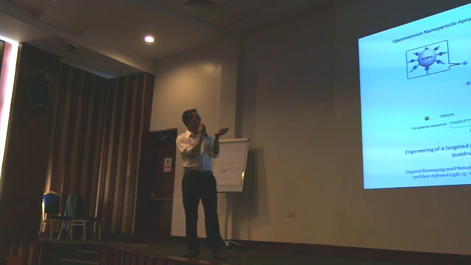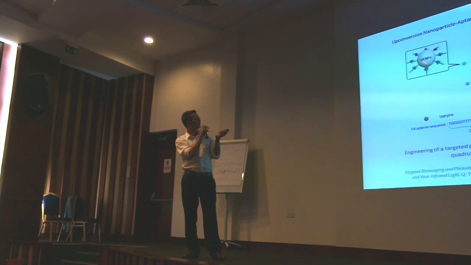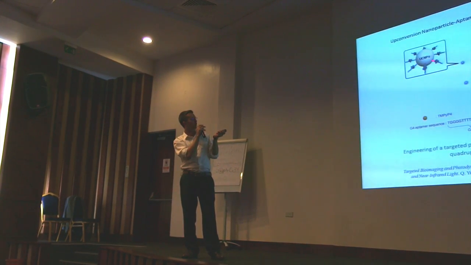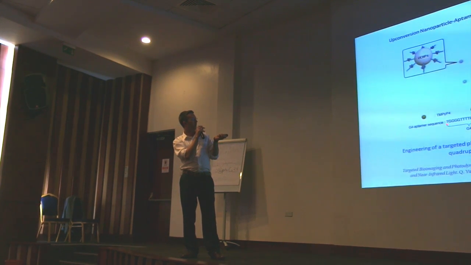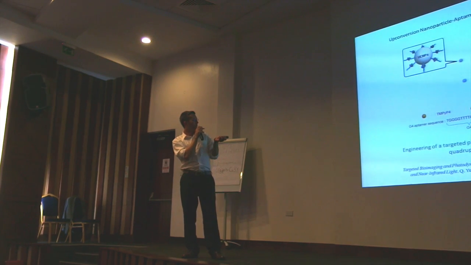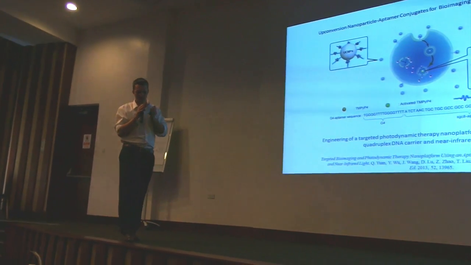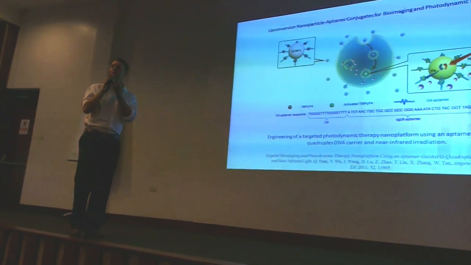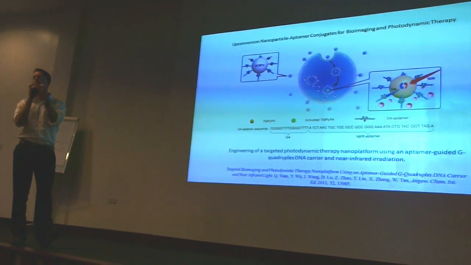You have, at the core of this, a spherical structure. At the core, you have these upconversion nanoparticles. To link them, we have a bio-labeled end. This is a G4 structure, just a sequence of DNA that can fold upon itself, causing these quadruplex structures.